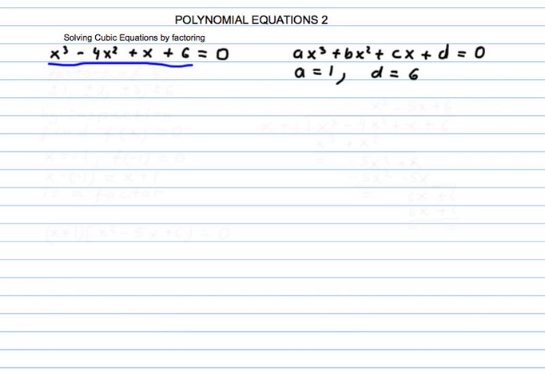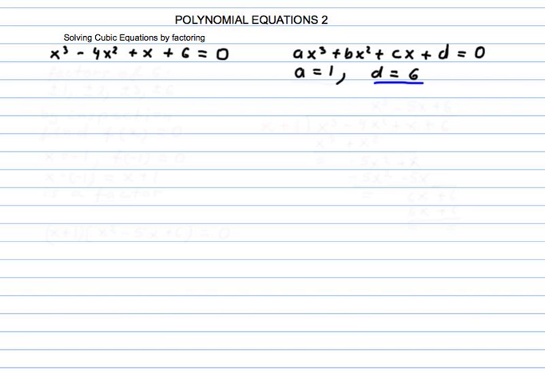So the coefficients here are 1 for a, -4 for b, and 1 for c, and the constant value is 6. So the coefficient that is leading, the most important for us, is 1, and the constant term is 6.